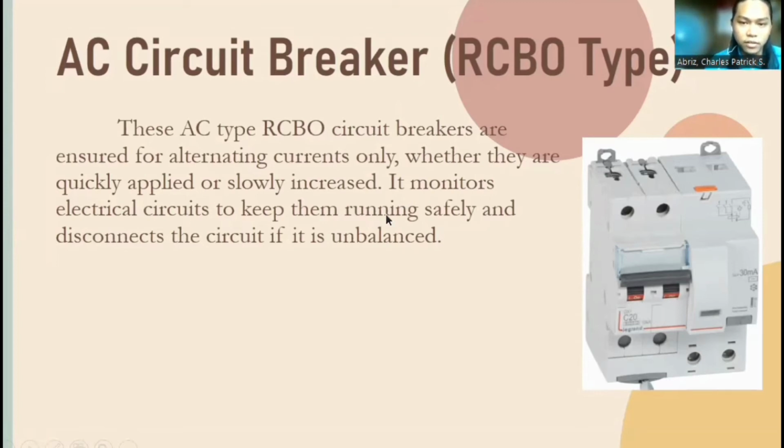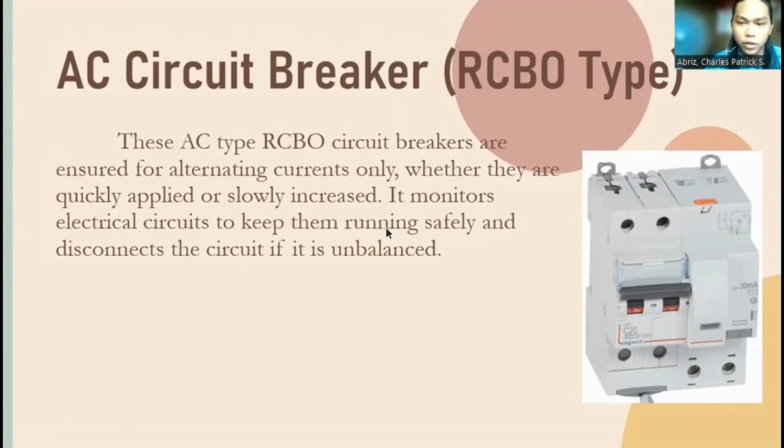So what sets this apart from our typical circuit breakers? The RCBO type has added protection: if it senses earth leakage or if somebody touches a live wire, it automatically trips to avoid casualties. If budget allows, RCBO is the recommended component for customer safety. In addition, it can also be manually switched off if needed.